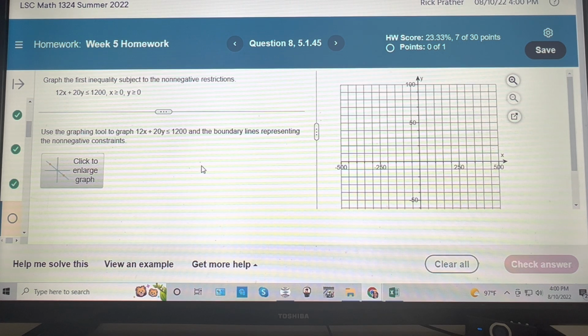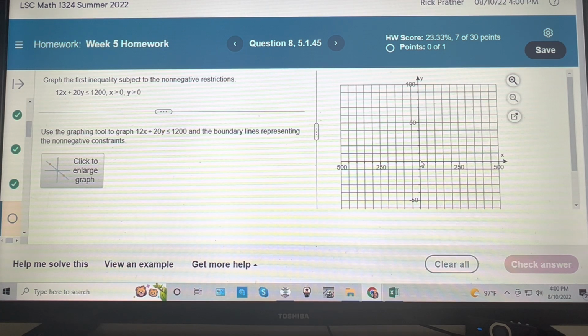Okay, so when you get to the word problems, they're going to give you one or more of these main inequalities. Here we just have one. And then in the word problems, they always do this right here: x is greater than or equal to 0, y is greater than or equal to 0. What that does is keep you in the first quadrant.